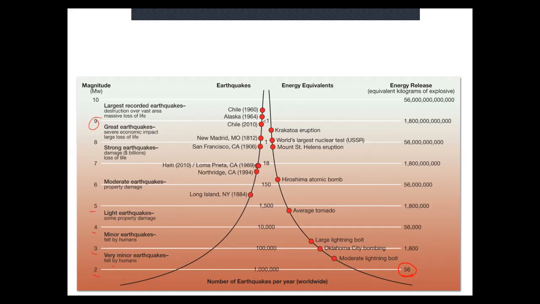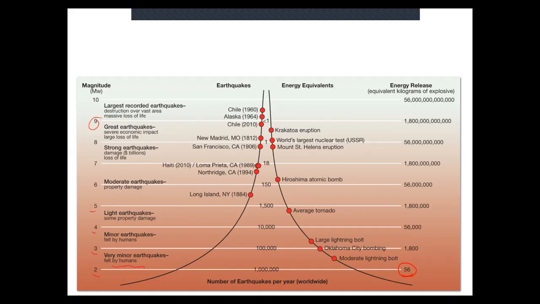So here we have a description of the earthquakes. Magnitude 2 are very minor earthquakes, not felt by humans. 3, minor earthquakes felt by humans. 4, light earthquakes, some property damage. 6, moderate earthquakes, property damage. 7 are very strong earthquakes, billions of dollars of damage, loss of life. 8 are great earthquakes, with a severe economic impact and large loss of life.